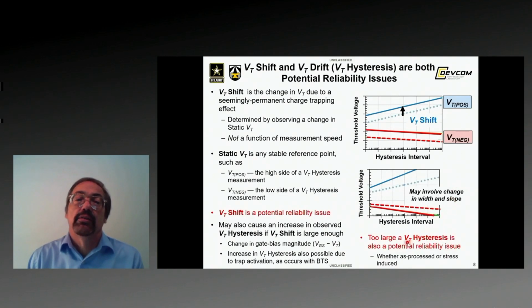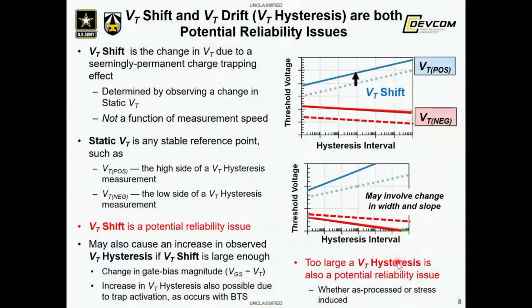Now, talking about VT shift, if it's large, it is obviously a potential reliability issue. VT hysteresis, if it's small, should not be a reliability issue, but if it also gets very large, then there's a potential effect on dynamic on-state resistance, as I will discuss a little later in the talk.